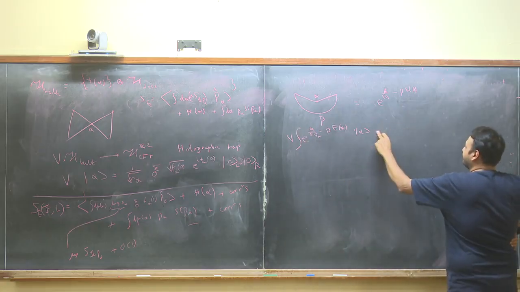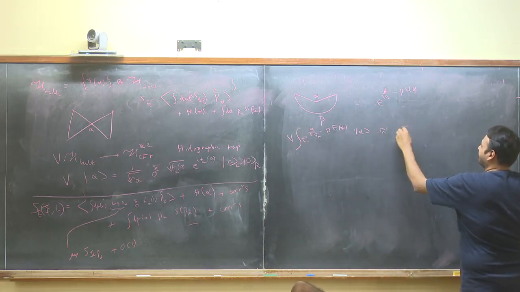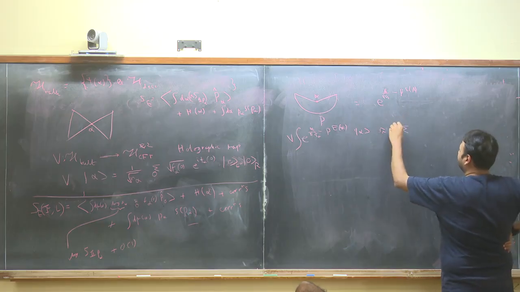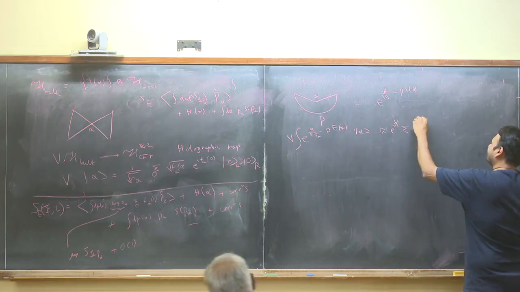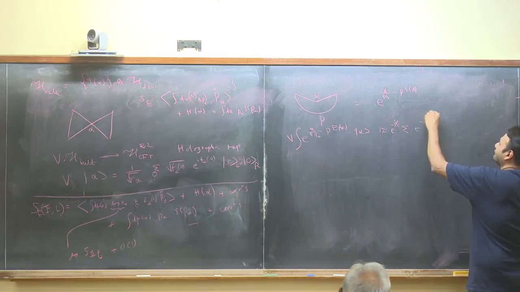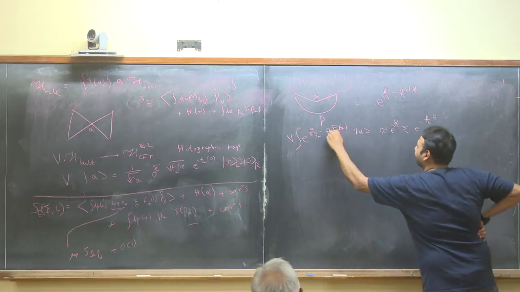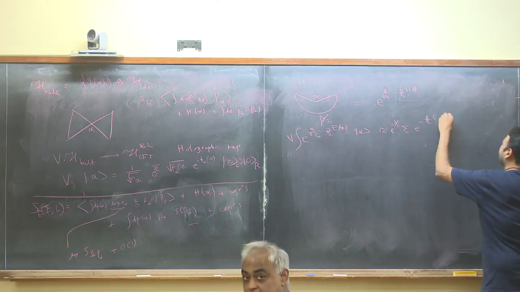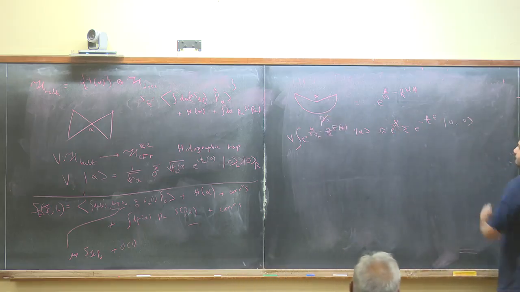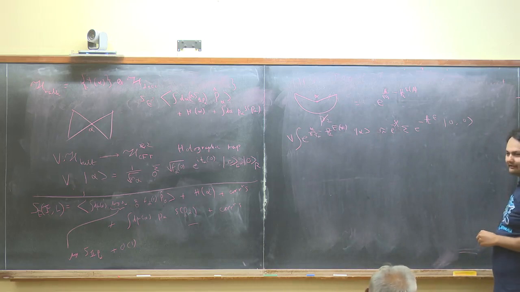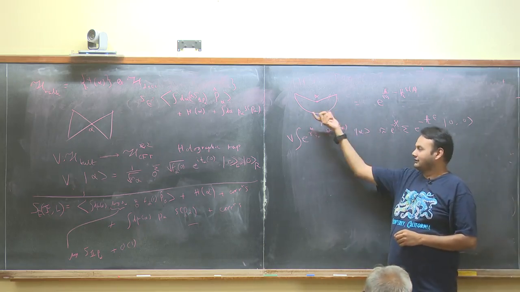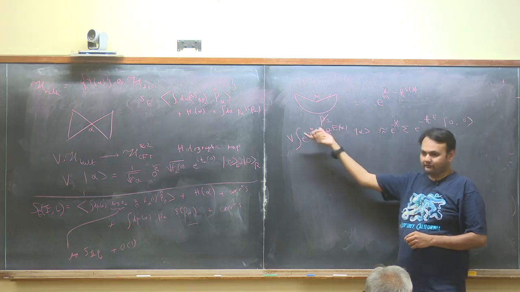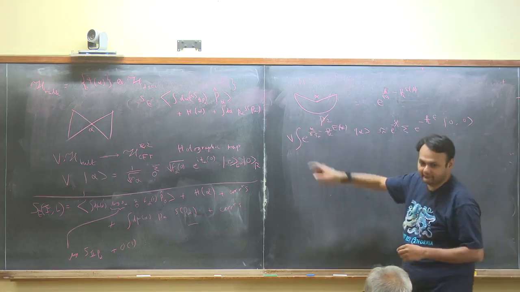I get basically exactly e to the minus S over 2, e to the minus beta E, beta by 2E. Okay, so you get exactly a thermofield double if you plug in the semi-classical thermofield double wave function in the fixed area basis. You get a thermofield double via this holographic map.